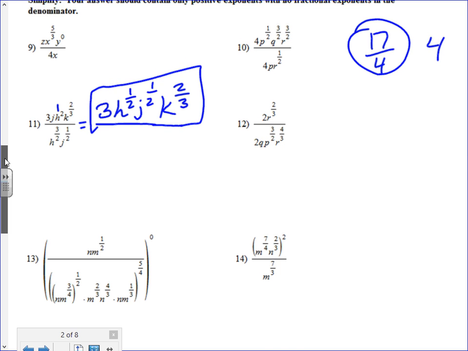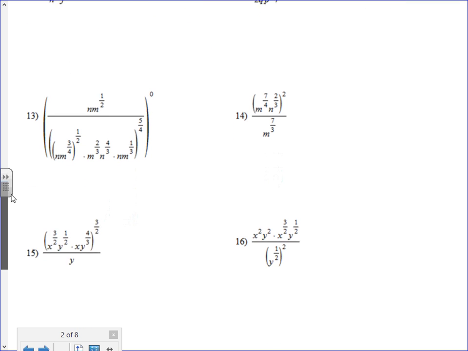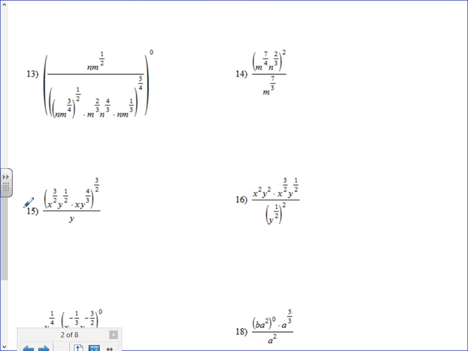Okay, 2 more. Take your paper and flip it over. Hard work. Number 13. That's 0. I mean, undefined. Or 0. Undefined. That's gonna be a 1, ain't it? It's 1. Yeah.